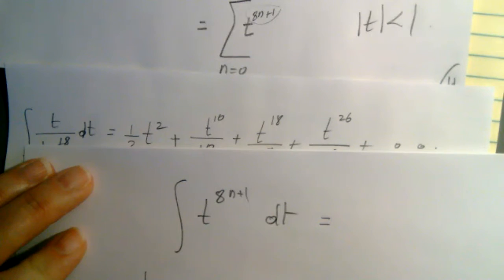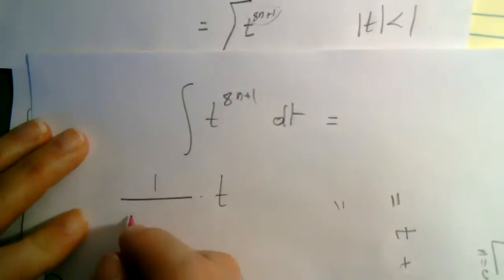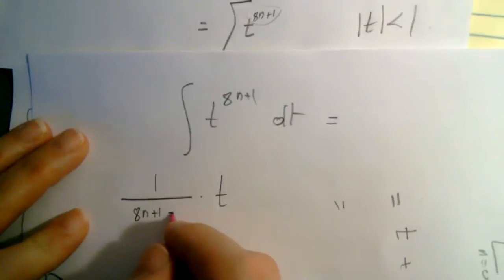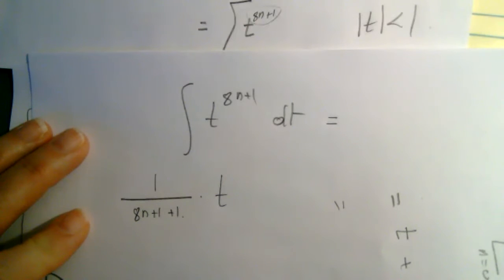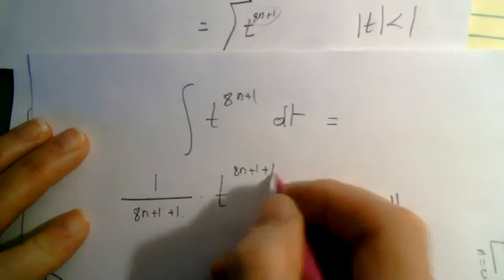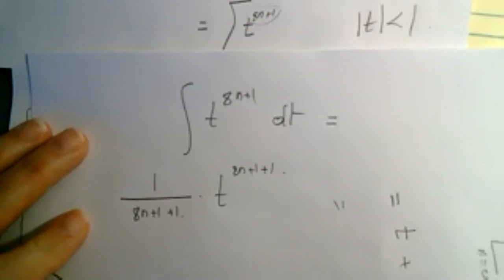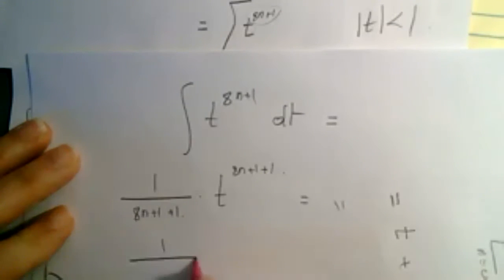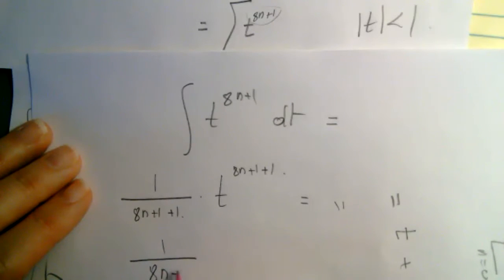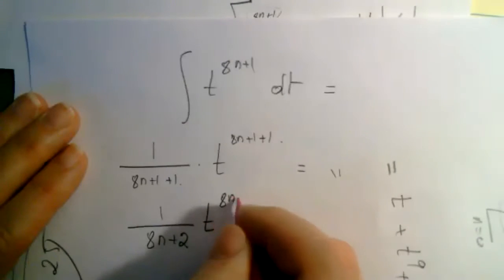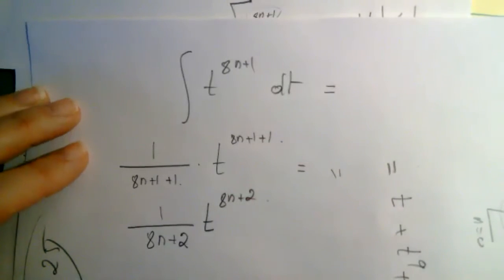The general rule, sorry: it's 1 over the exponent plus 1, times t to the power exponent plus 1. So that's to understand it in a very abstract way. It means that's 1 over 8n plus 2 times t to the power 8n plus 2.